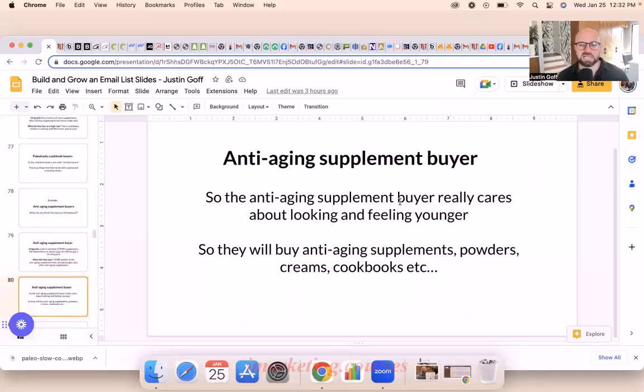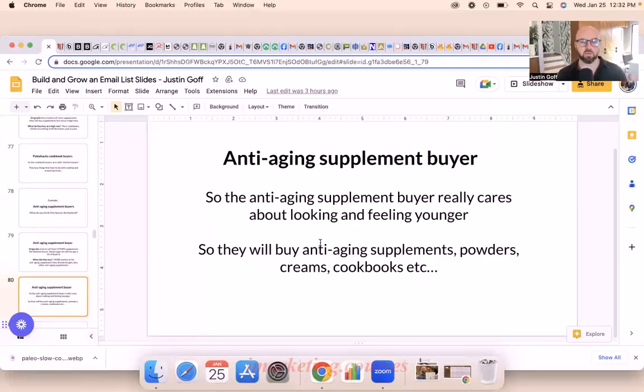So the anti-aging supplement buyer, we really found out after years of doing this, we know they care about looking and feeling younger. So what they're really going to buy more of on the back end is anti-aging supplements, powders, creams, cookbooks, all types of stuff like that.